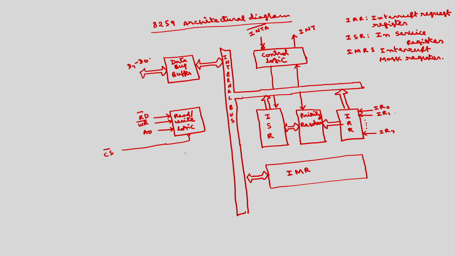There will be a cascade buffer comparator. One feature of this 8259 is that we can cascade 3 8259s together. The cascade buffer comparator also has 3 signals.